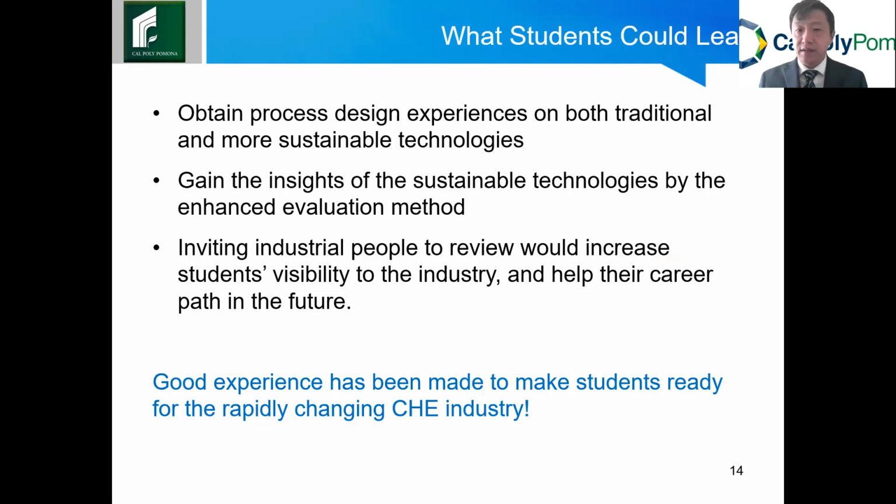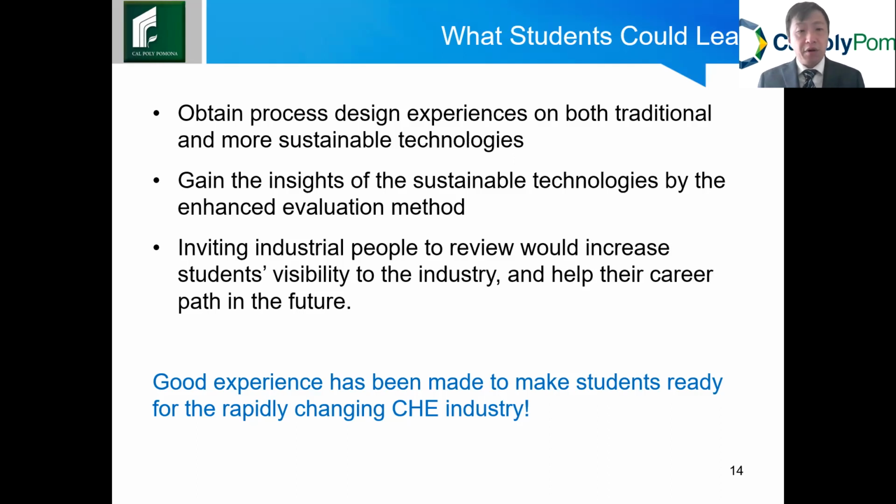They could compare the new one and the traditional one in a quantitative way. And also inviting industry people to review their designs could increase students' visibility to the industry and help their career paths in the future. Every year, several students get job offers from those big companies.